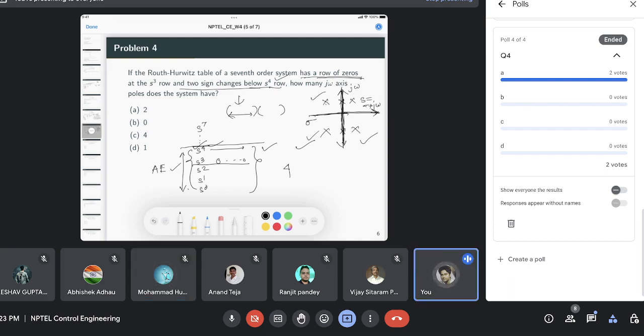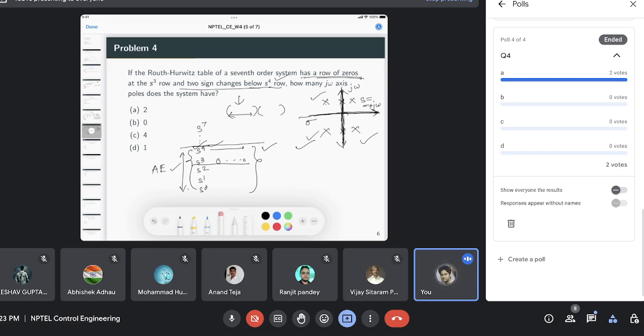So you should have conjugate poles, and they should be in pairs. If it is not on the real axis, then they should be in a conjugate pair, because your system has real coefficients. So one imaginary pole cannot happen in a real-life system where the coefficients are real. Okay, so let's again discuss this.